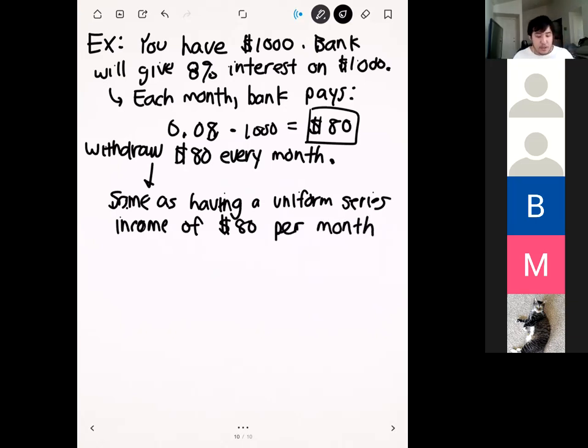And the way that you're earning this $80 per month is just by the fact that you deposited a large amount of money at first.